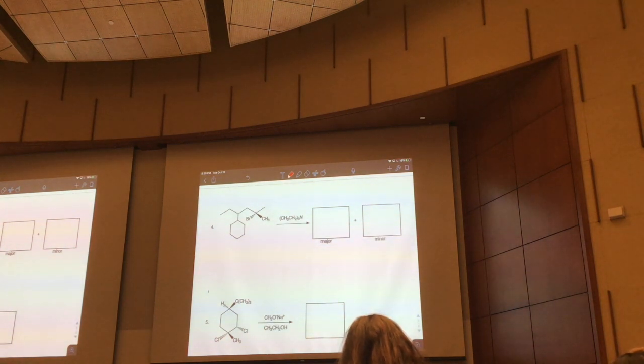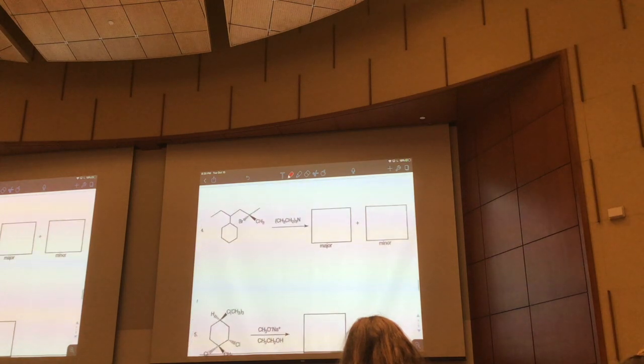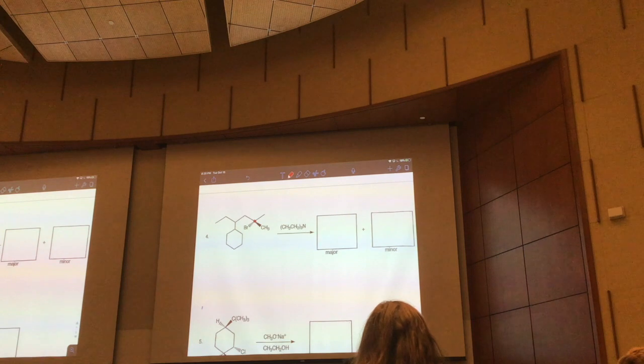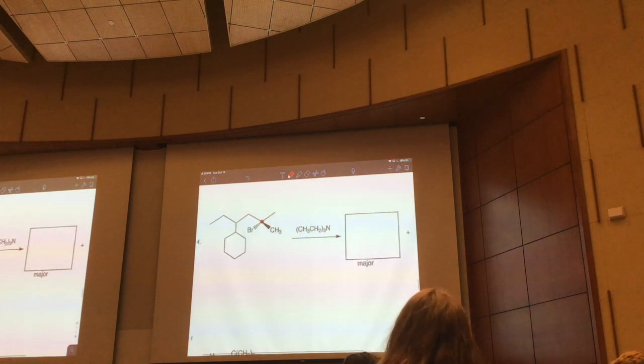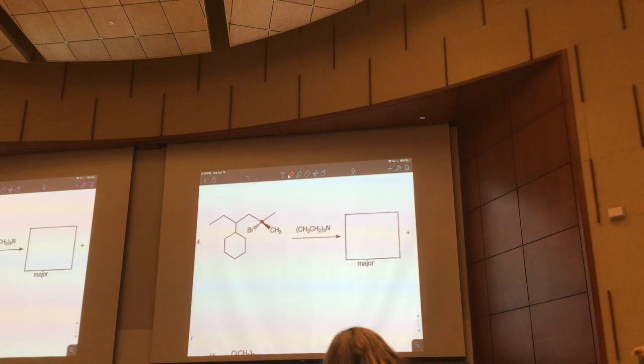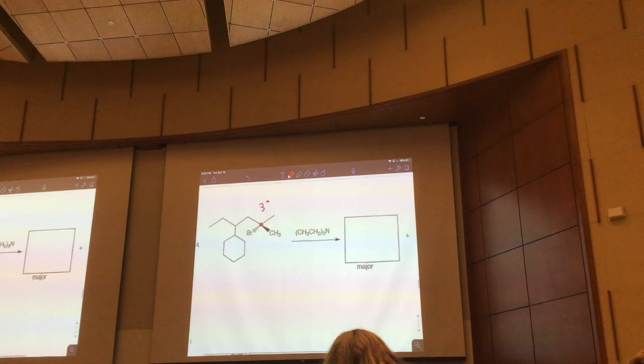So let's start taking things into consideration. Let's see what we got. What's our substrate? The bromine is connected to what type of carbon? Tertiary. Yeah, this is connected to a tertiary carbon.